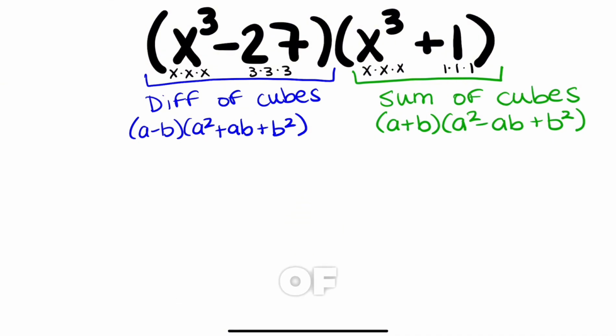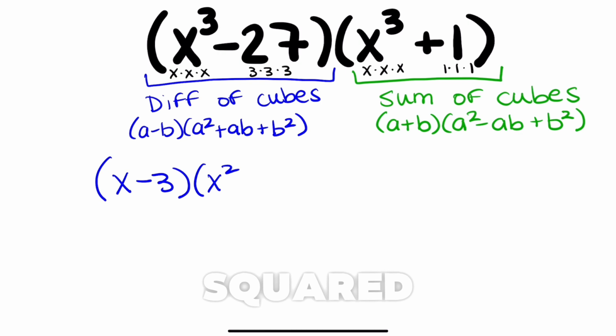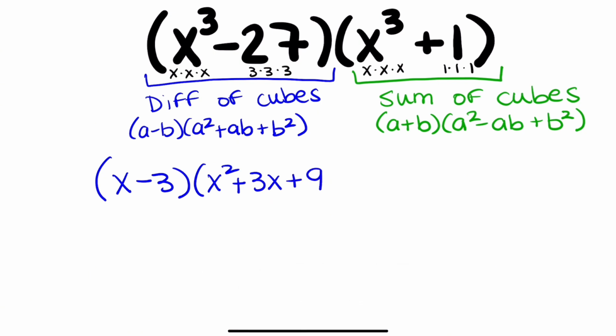Okay, so for the difference of cubes, we're going to be doing x minus 3, that's a minus b, and then a squared is x squared. A times b is 3x. B squared is 9.